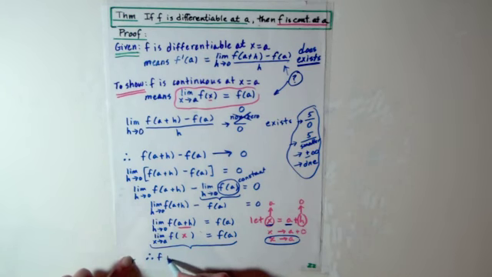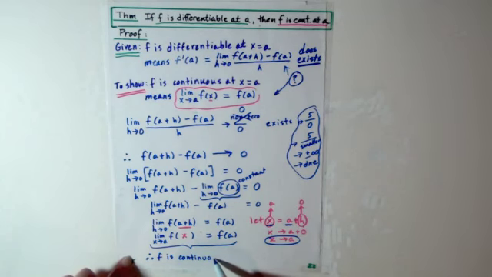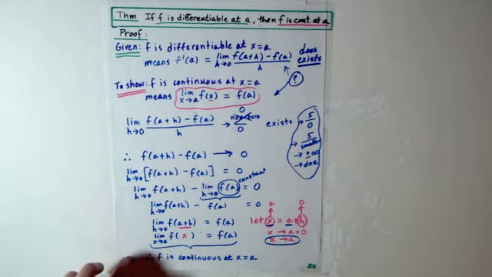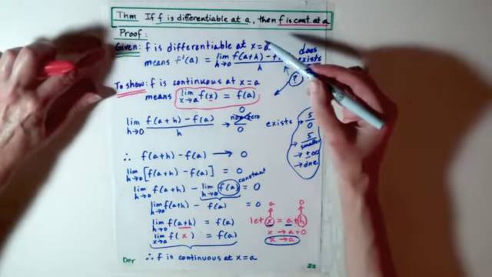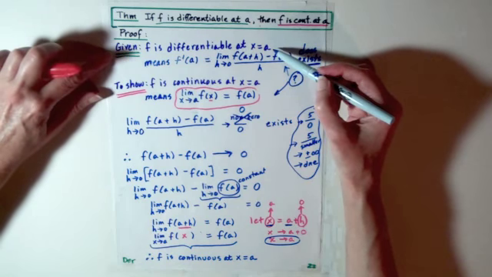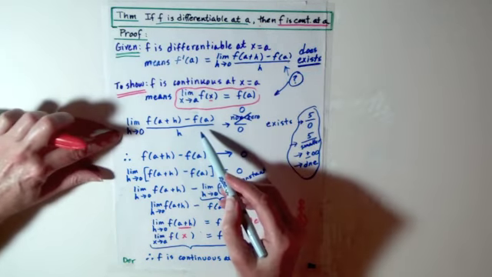Therefore, f is continuous at x equal a. That's precisely the definition of f being continuous at a. So we started out assuming f was differentiable at x equal a. That meant this limit existed.